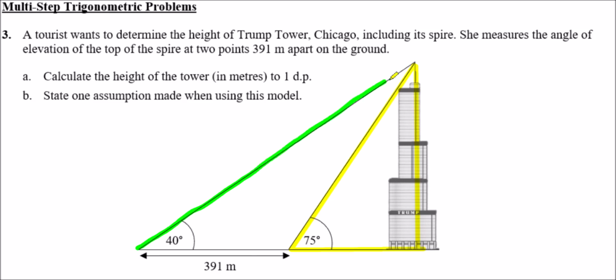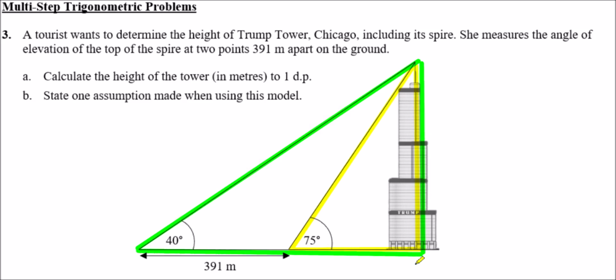Obviously, in your exam, you wouldn't need to colour code it as I'm doing here. I'm just doing this to try and show you the differences of what I'm trying to talk about. So there we go.